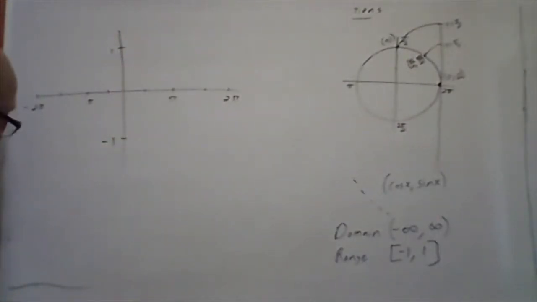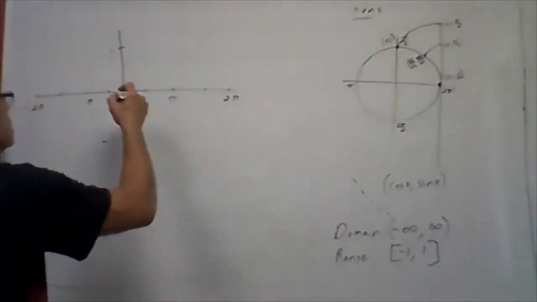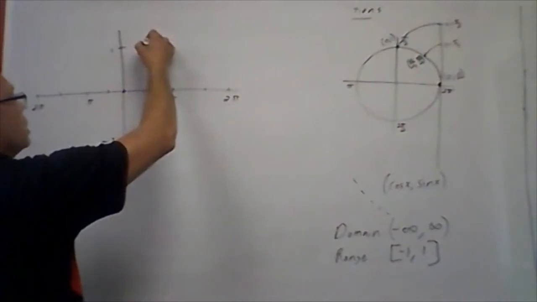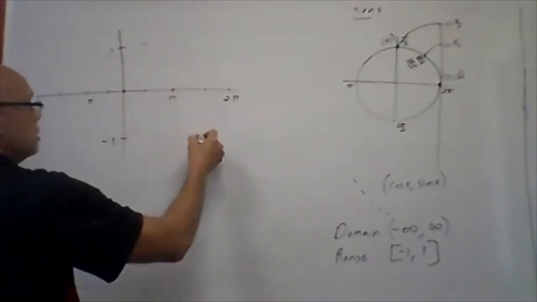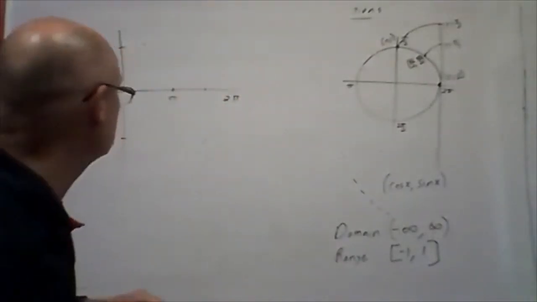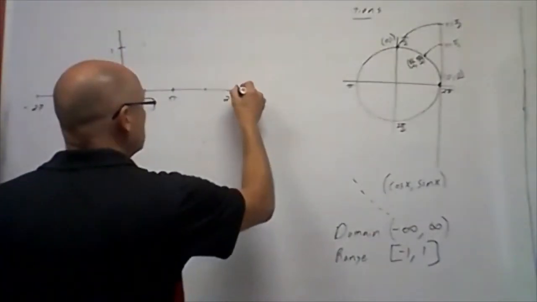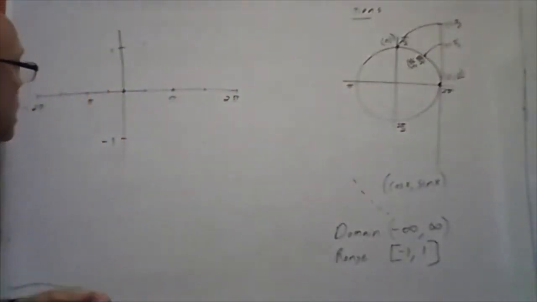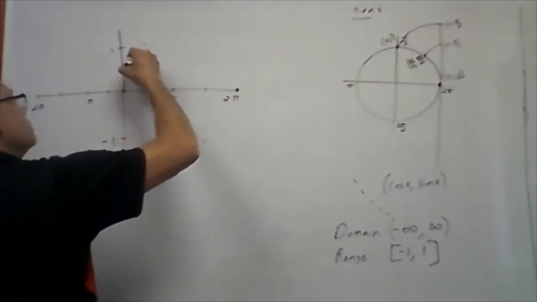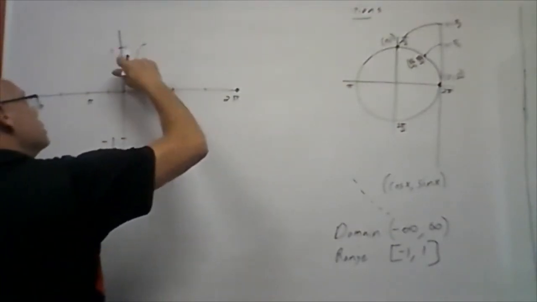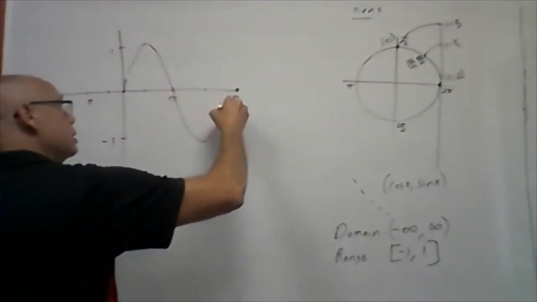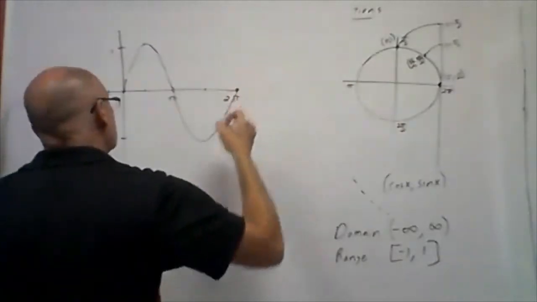What does one period look like if we start at 0? It looks like this. That first period looks something like this. Kind of hard to draw. It was an ugly drawing. Please look in your book or online for better drawings, okay?